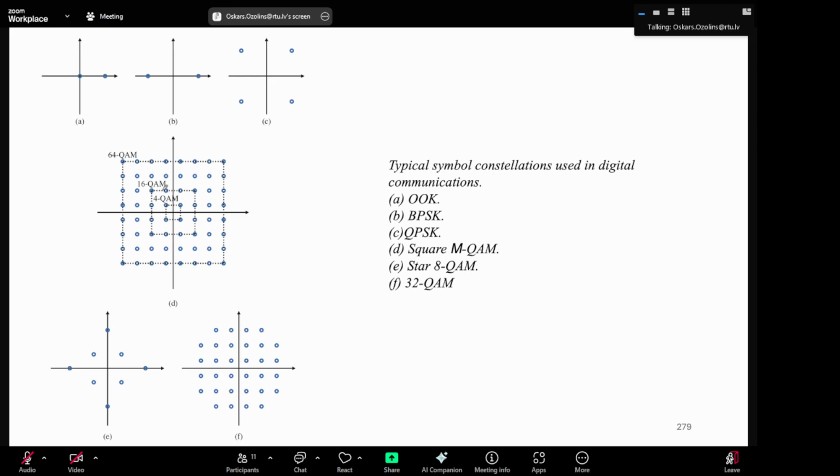So in between, for example, 32 QAM looks something like this. And between 4 QAM and 16 QAM, you have 8 QAM. This 8 QAM can be made in different ways. Basically, it's eight points, and these points can be arranged in different ways.